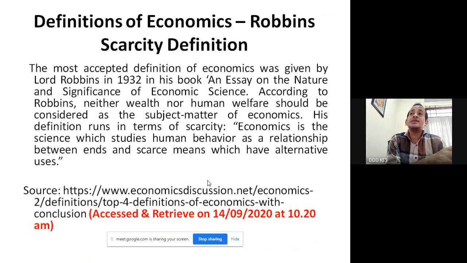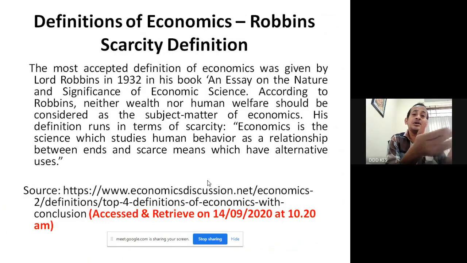According to Robbins, neither wealth nor human welfare should be considered as the subject matter of economics. His definition runs in terms of scarcity. Economics is the science which studies human behavior as a relationship between ends and scarce means which have alternative uses.